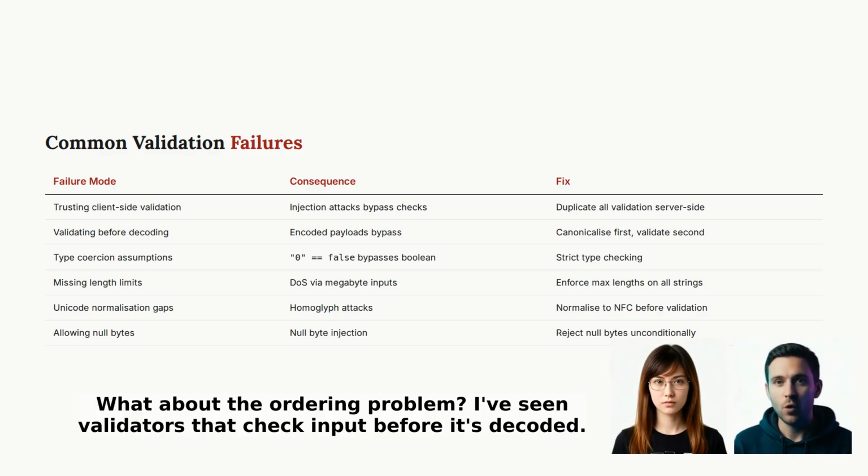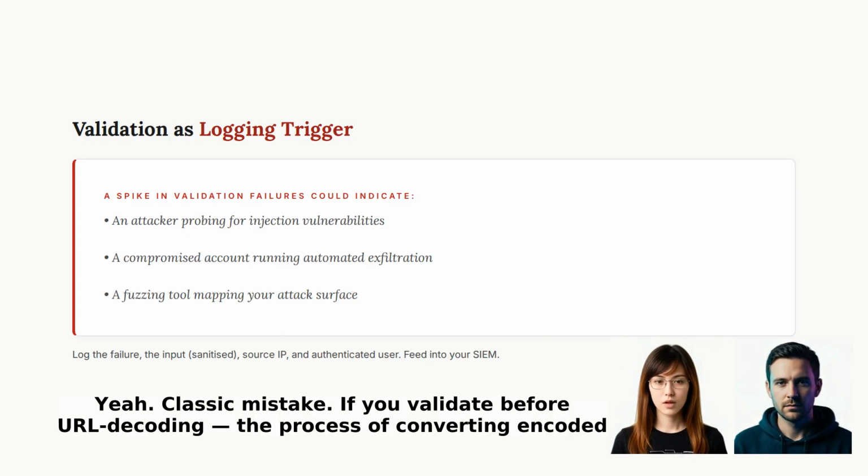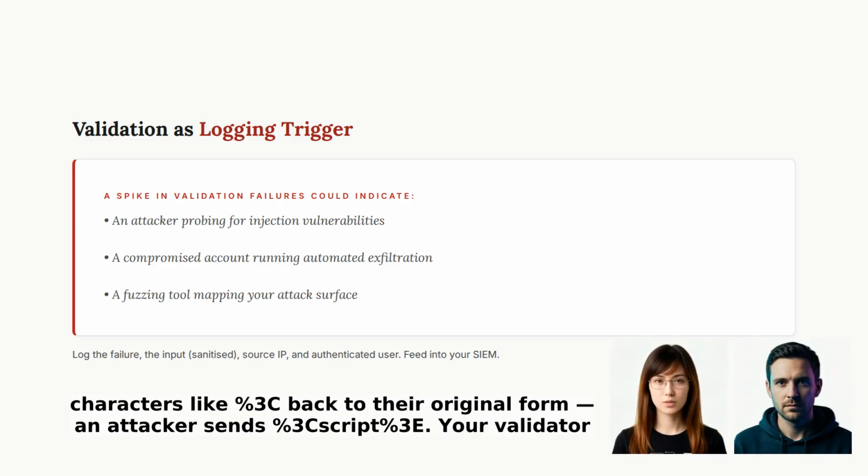What about the ordering problem? I've seen validators that check input before it's decoded. Yeah, classic mistake. If you validate before URL decoding, the process of converting encoded characters like %3c back to their original form, an attacker sends %3cscript%3e.